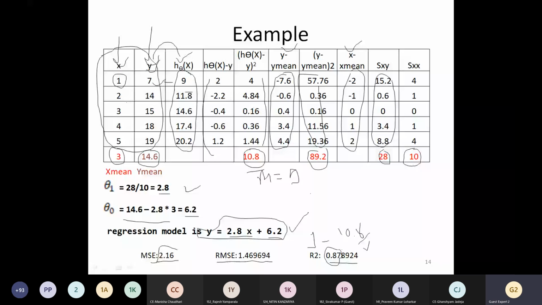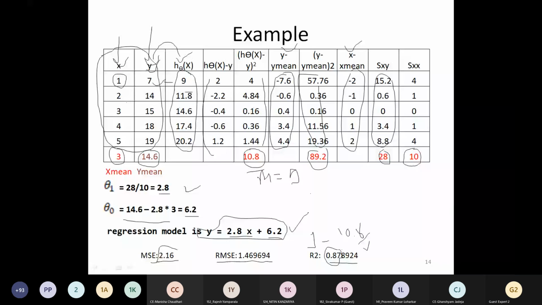You can say that 87% of the times it will give the correct predicted value. So this is how the simple linear regression model is created using the least square estimator technique.